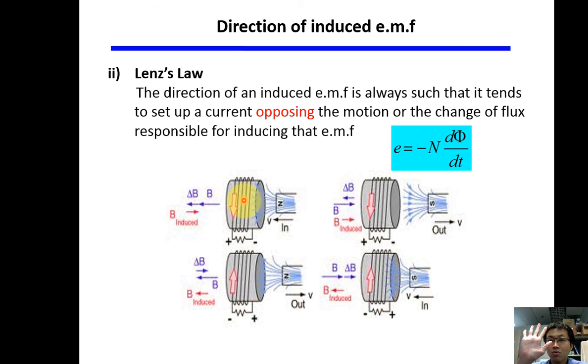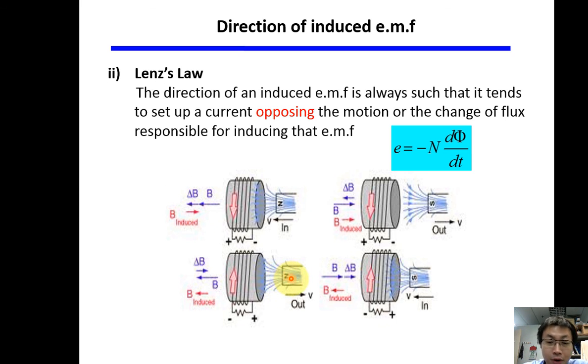We use the right hand rule, going like this. So the current will flow downwards like this, so that it will create the magnetic field in this direction to oppose the changes here.